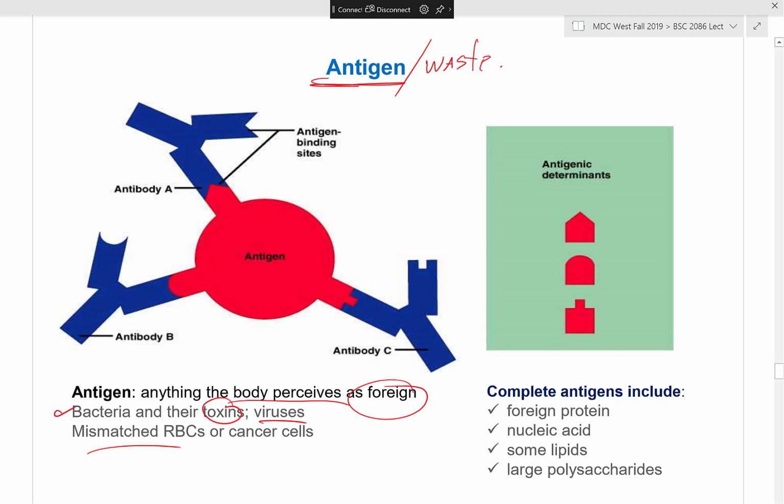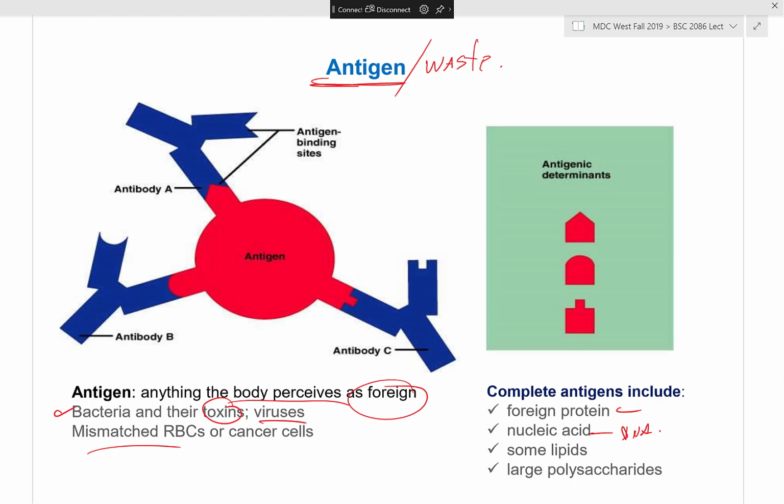So what are some other things that are antigens and we don't see them as antigens? Foreign proteins. Is your bacteria made out of proteins? Yeah. I mean, your cells are made out of proteins, right? Bacteria are made out of protein. Viruses have proteins. Nucleic acids. Where do you find nucleic acids? In your DNA. Does the bacteria have DNA?